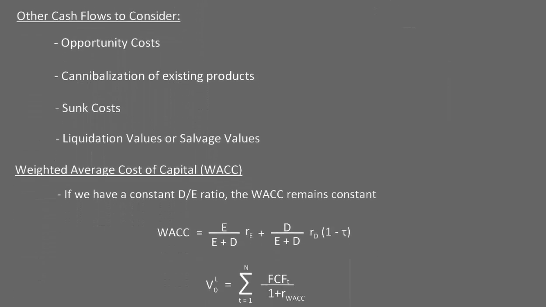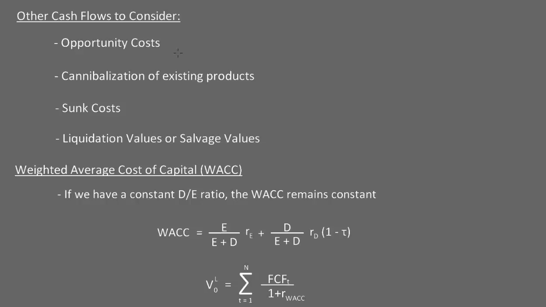Now, some other cash flows to consider in capital budgeting are the following. First is opportunity costs. Think of a project that requires a building, and this building could have been used to rent it out to a customer if it wasn't being used for the project.